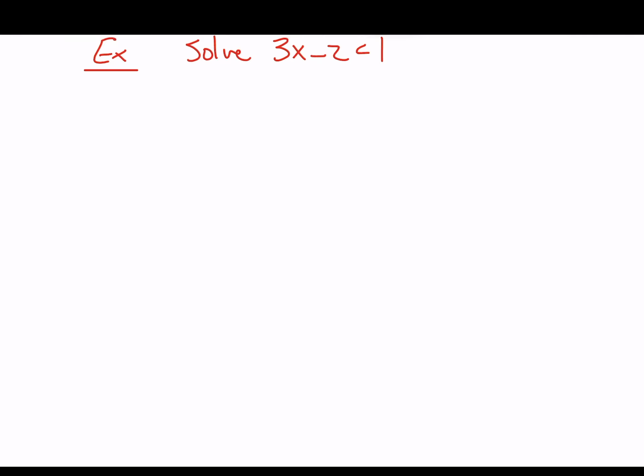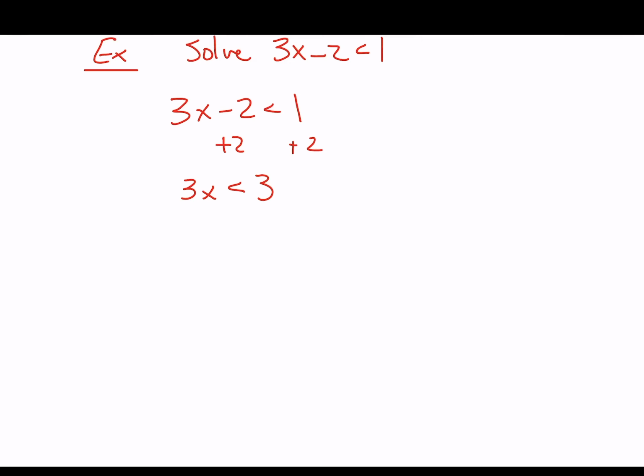Let's try the following example. In this case, we want to solve the inequality 3x minus 2 less than 1. So we'll proceed just like we would with an equation, except we have an inequality this time, and we'll use the addition property of inequality to add 2 to both sides, and we get 3x is less than 1 plus 2, which is 3.